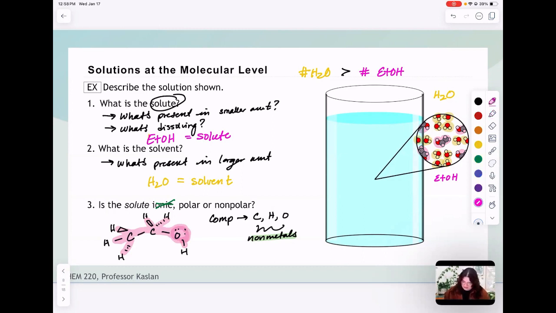This is going to establish an overall net molecular dipole with the partial negative charge pointing toward the oxygen. And that dipole is so strong that in fact it's going to create charge interactions with the solvent particles, water, that are not just dipole-dipole interactions, but are hydrogen bonds. So if we're going to answer this question, we know that this solute has to be polar.